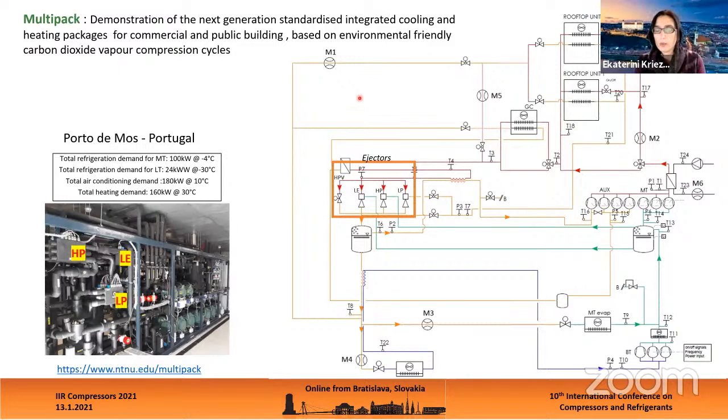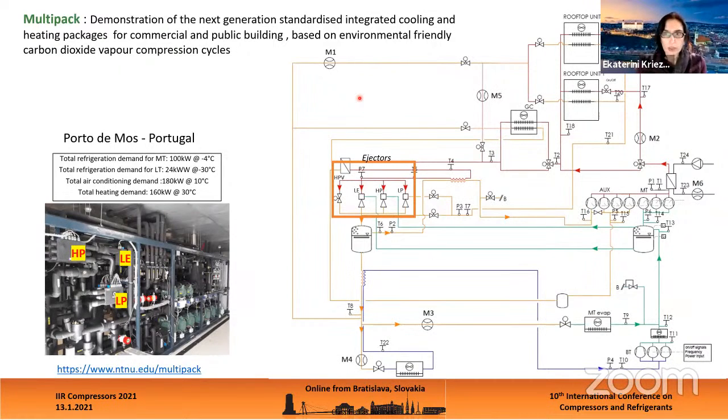In the study, we are utilizing a supermarket which is located in Portugal. The system for the supermarket has two circuits, one for the refrigeration part and one for the air handling unit, which is heating and cooling of space. It's a booster system with CO2 parallel compression and 3 different kinds of ejectors supporting 3 different functions.